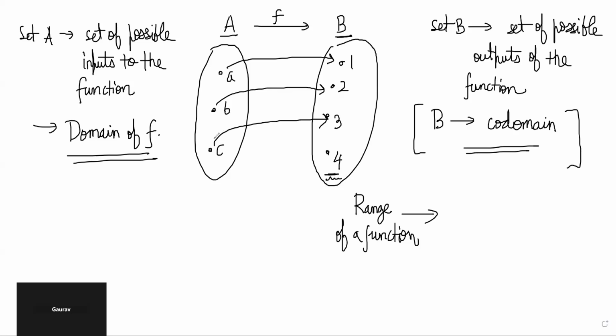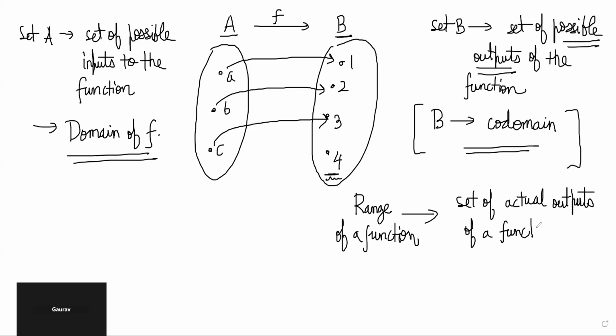So 4 was in the set of possible outputs, but was not an actual output. It could have been that 4 was an output, but in reality, for this function, it is not an output. So we will say range is the set of actual outputs of a function.